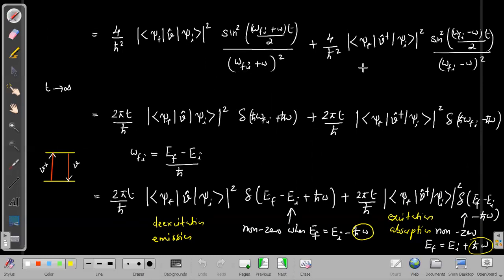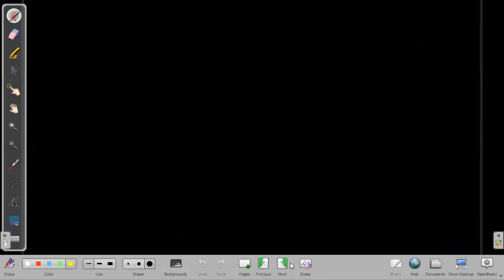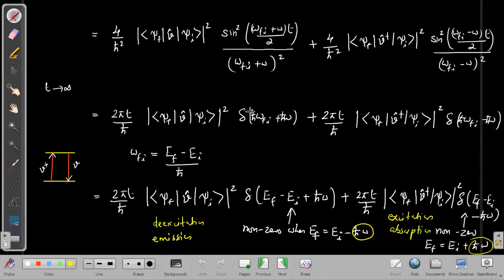Now these two terms correspond to a sine square function.